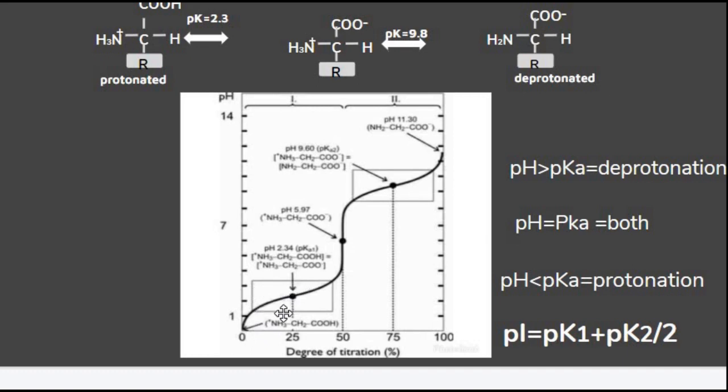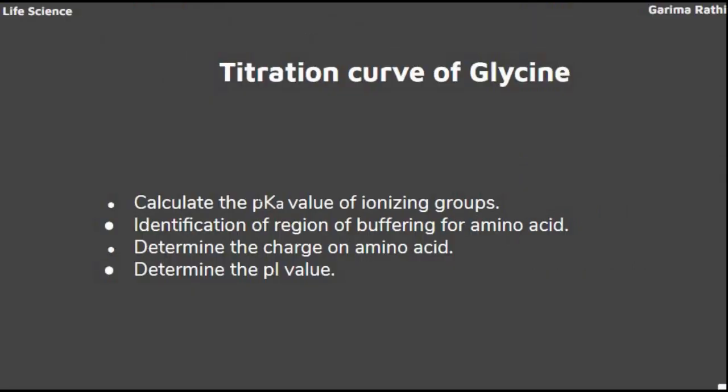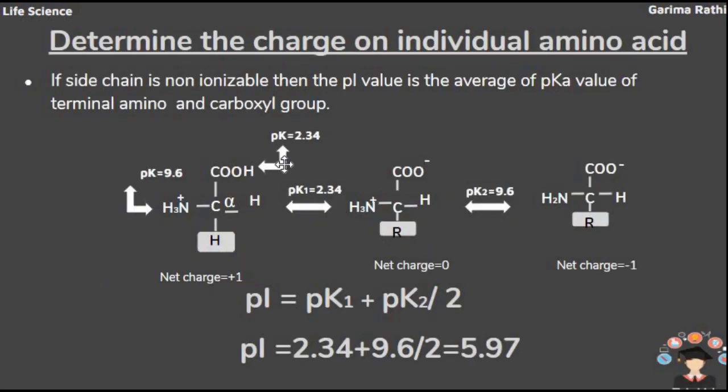The buffer zone is the area where there is a very small increase in pH while adding base to the solution. This titration is very useful to identify the pKa values of different ionizing groups, identify the reason for buffering by amino acids, determine the charges on the amino acids, and last, determine the pI value of the amino acid.